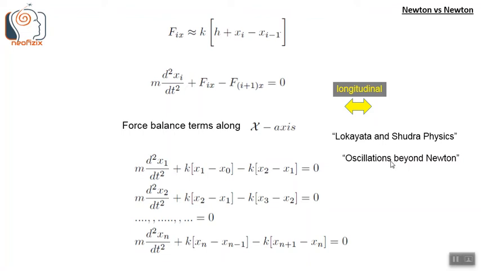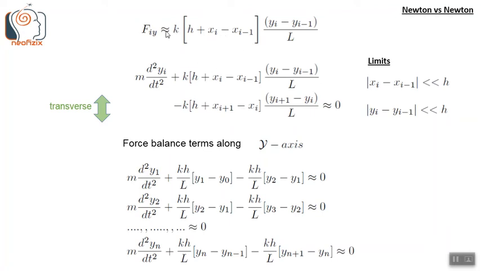Please check that video for more steps of the math calculations that are skipped here, and also the video before that, Oscillations Beyond Newton. We will directly skip to the solutions of these force balance equations in this presentation.